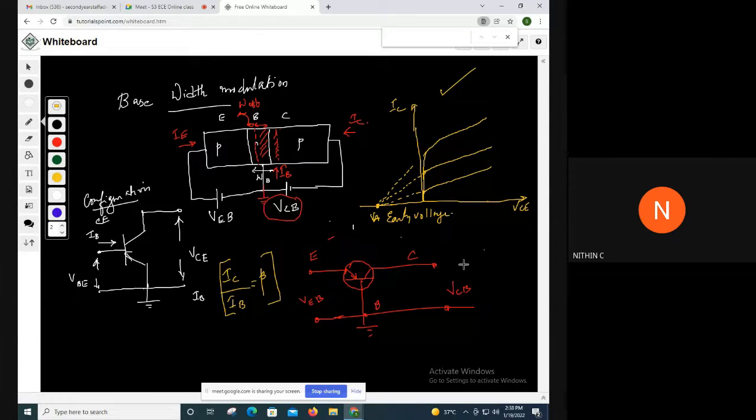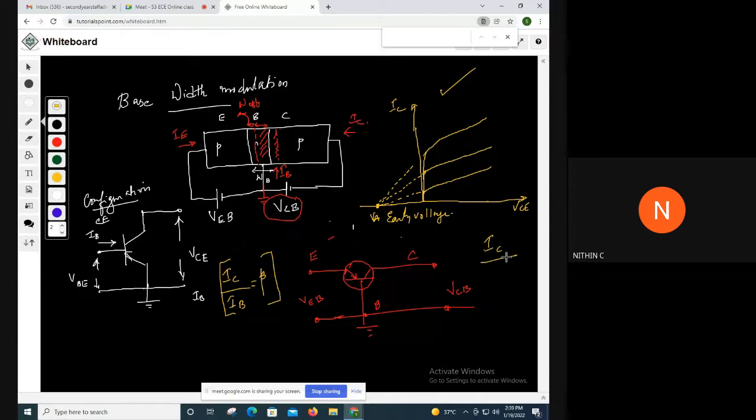In this case, how can we represent the current gain? Which is the output current here? Looking at this figure you can tell. This is the output section, and on the left side you have the input section. Is the output current IE, IB or IC? Tell me quickly, you just need to look at this part. Yes, IC is the output current.